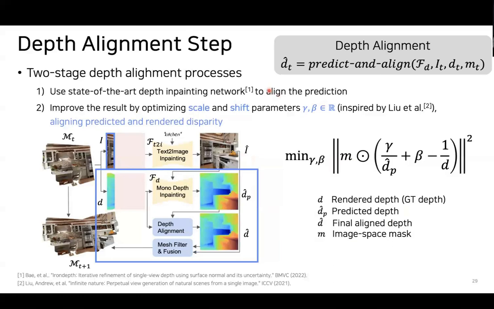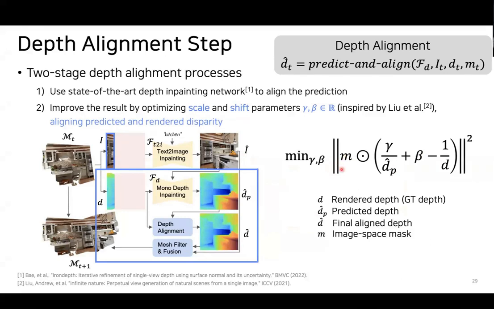Although the alignment was done in the previous step, additional optimization is performed to enhance the result further. In this equation, we optimize the scale and shift parameters between the predicted and rendered disparity map.